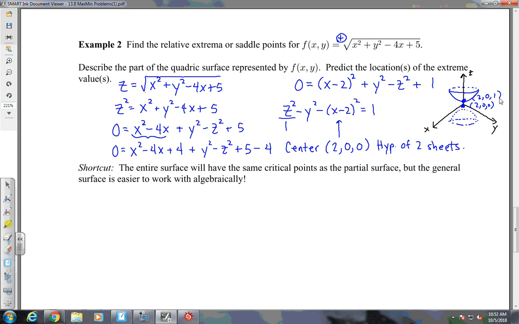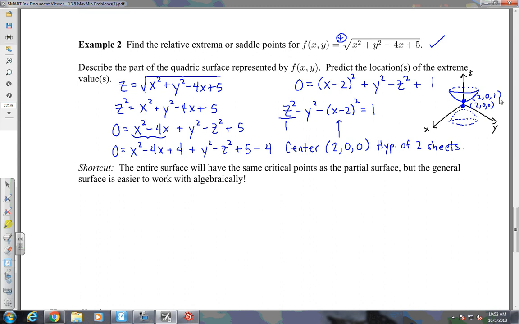Shortcut: the entire surface will have the same critical points as the partial surface, but the general surface is easier to work with algebraically. What that means is if you consider having to find the derivative of the original function with the radical, you'd have some chain rule issues to deal with. You'd have complicated looking first derivatives.